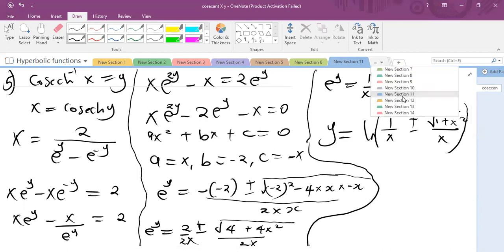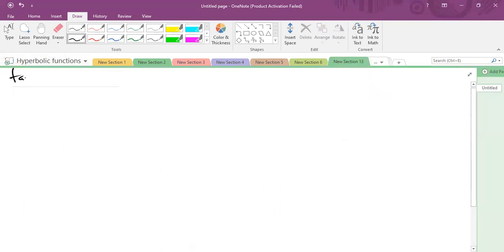Okay, finally, how do we get the log form of cot hyperbolic inverse? We already did tan, so what we're supposed to do is cot hyperbolic inverse.